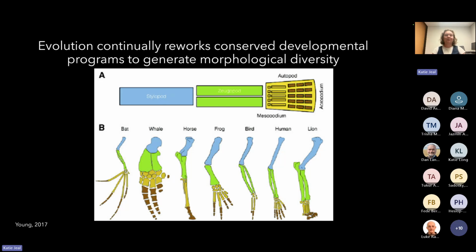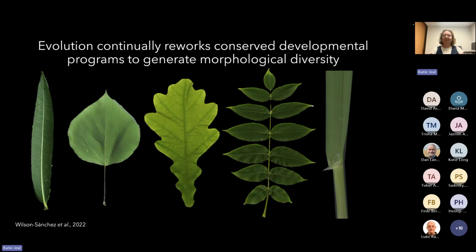We see this principle throughout evolution, with the same core developmental programs being reused, modified, and repositioned to produce new forms. We also see a similar phenomenon in plants. Here we see modifications of the leaf developmental program, and this results in a wide range of leaf morphologies.